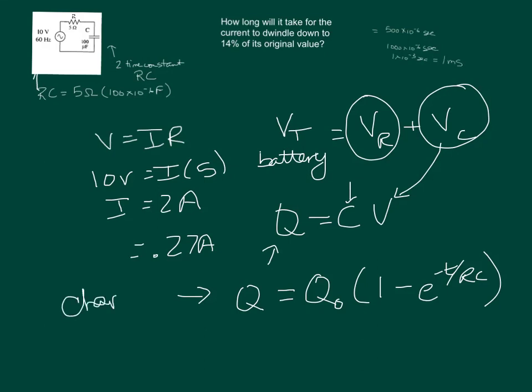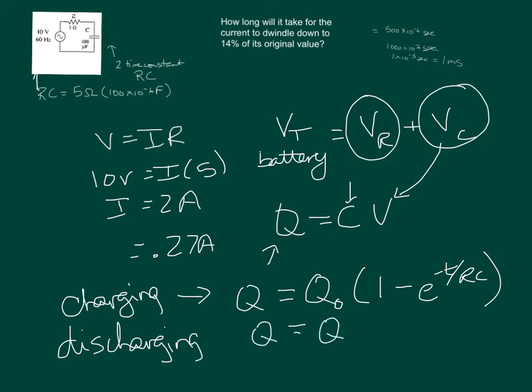If it is discharging, meaning the charge is leaking off the capacitor because it's hooked up, then it looks just like our current one. So all of these are totally interrelated with each other, and they're different versions of the same thing.